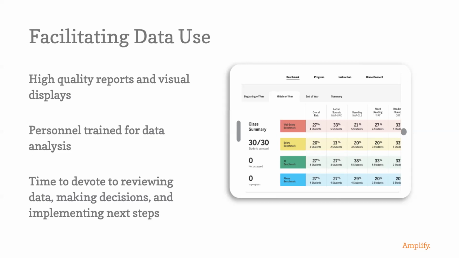This is an example of high quality reports that are easy to read. This is a visual display here. We need to make sure that personnel are trained for data analysis. And we also need to make sure that there's actually time to sit and review, make decisions, and implement those next steps. These are really critical things that are sometimes overlooked. We want to have a great assessment, but then we want to make sure we're using it appropriately and that we have the time to make decisions based on the data it's giving us.